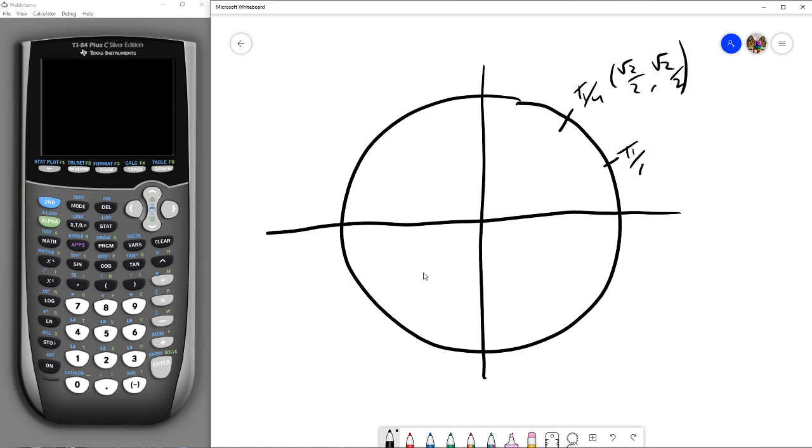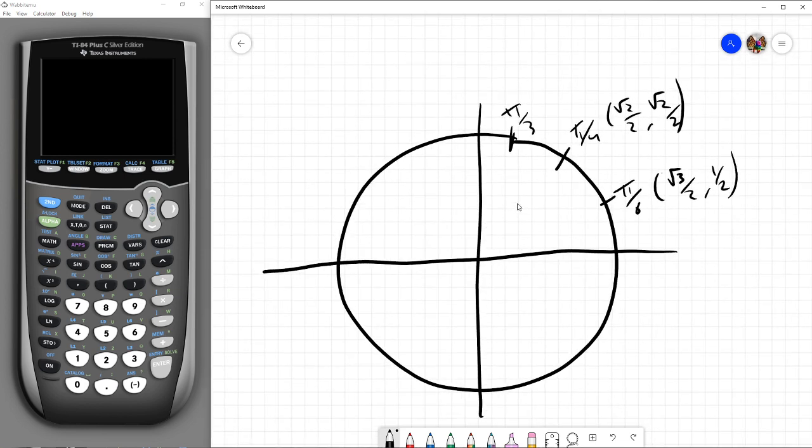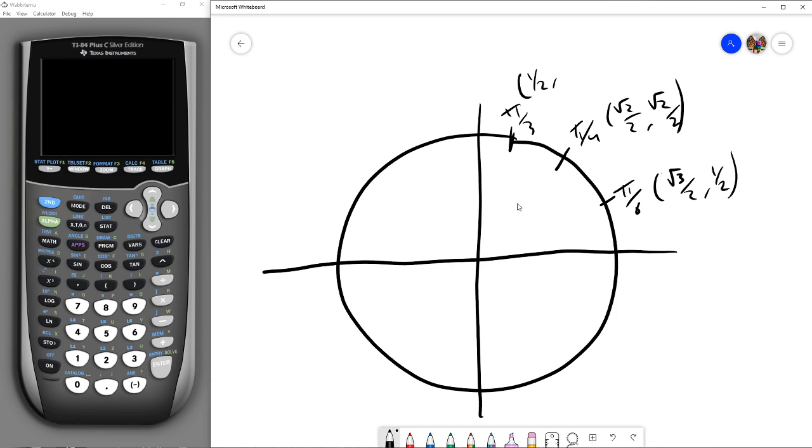Here's our pi over 6, and that is root 3 over 2 comma 1 half. And then the claim I'm going to make is this here is going to be 1 half comma root 3 over 2. Because if we think about it, it's just a reflection of our right triangle here, because it's still the same 30-60-90 triangle.